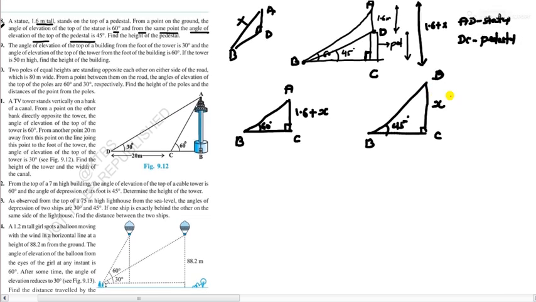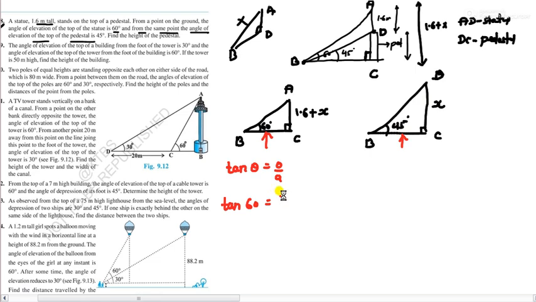Now see here, how are you going to solve? Since we have to find the value of X, what is common in both? It is BC. In both the cases, BC is common, right? So we have to use that. Let me use the first figure. Here tan theta is O by A. So what is tan 60 degree?